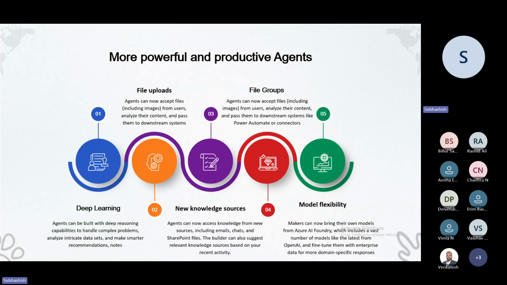File groups also helps you to do various kinds of deep learning activities. Suppose you can give instructions like, hey, this file group is containing information about my employees' attendances. Can you do me a favor of giving me the insights of who were the mostly absent employees over the last month?